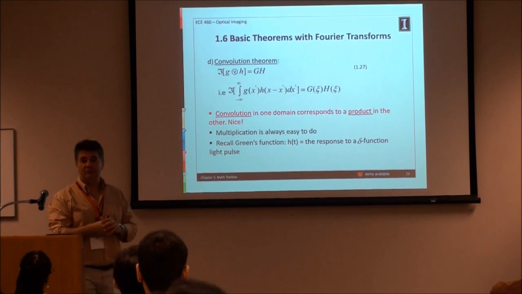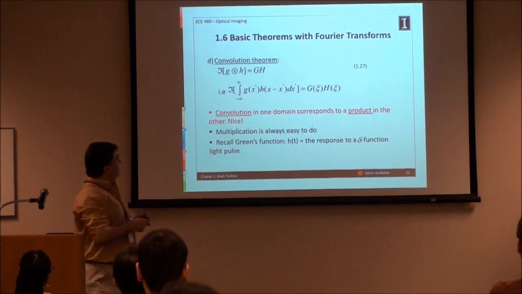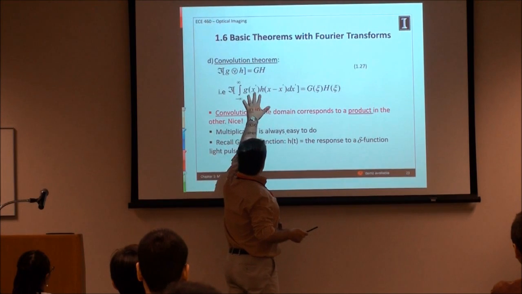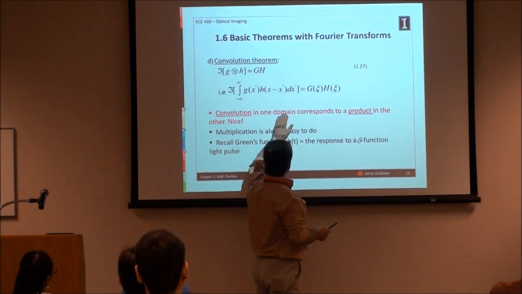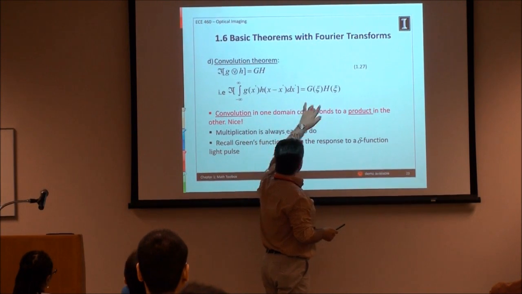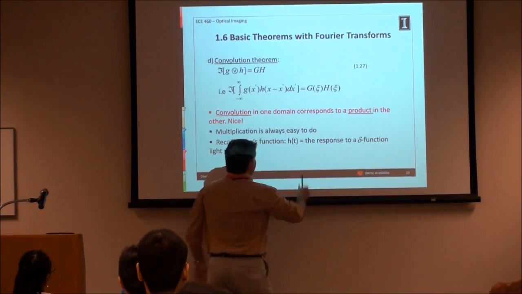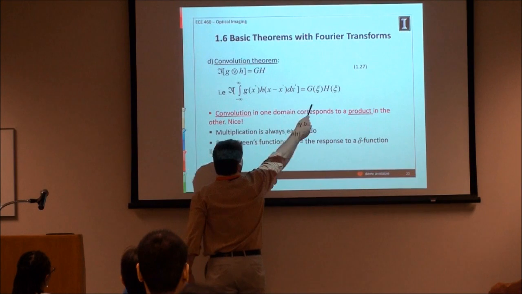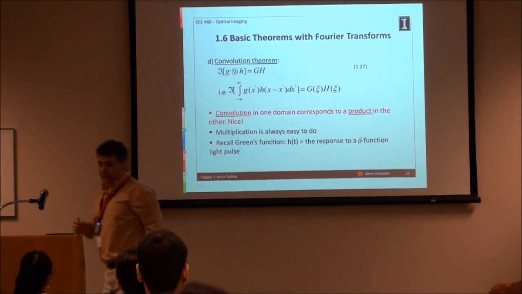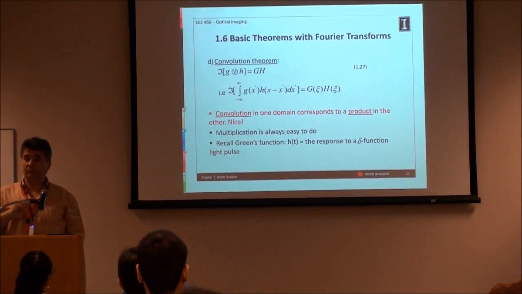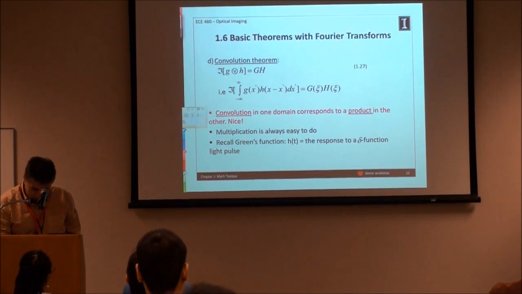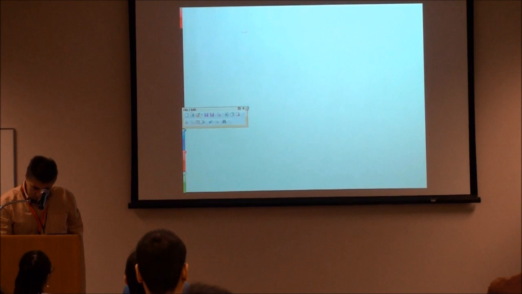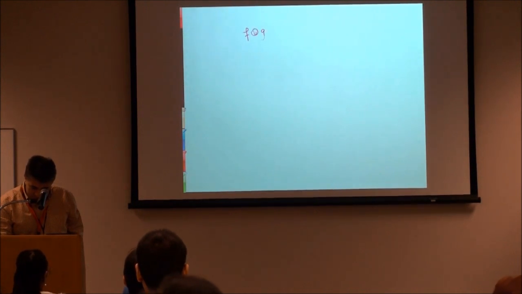I mean, we know how to do some integrals too, but think about it. Instead of calculating this with the definition, taking the integral of this, I can take the Fourier transform of each, multiply, and if I want to get back to spatial domain, all I need to do is to take the Fourier transform back of that. Are you with me? Let me say this some other way. I'm trying to do f convolved with g.